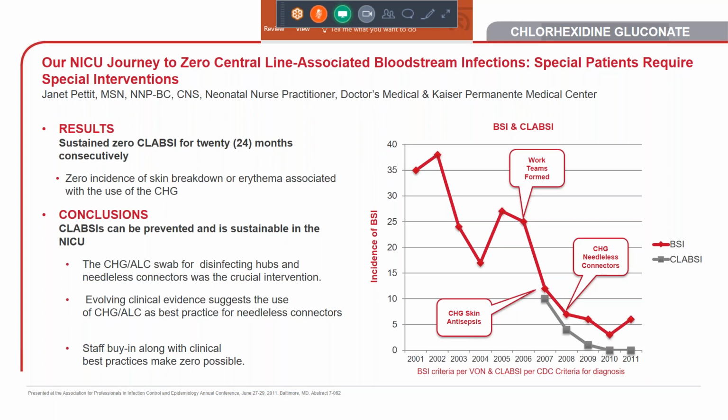And so you see two different lines on this graph, with the red line being the criteria of Vermont-Oxford, and the gray line being the CDC CLABSI definition. They did achieve 0, and that was achieved for 24 months consecutively.